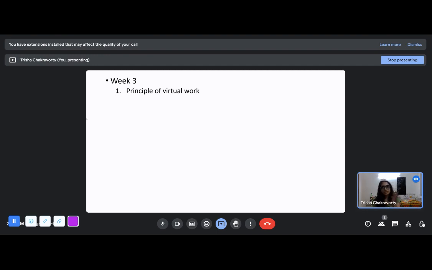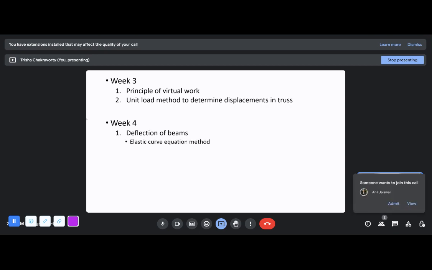That is, there are two kinds of responses of a structure: the force response and the displacement response. We started with the principle of virtual work and then looked at the unit load method to determine displacement in trusses. In week 4, the same thing was done for beams using the elastic curve equation method and the moment area method, and there is another method called the conjugate beam method that was covered in week 5.